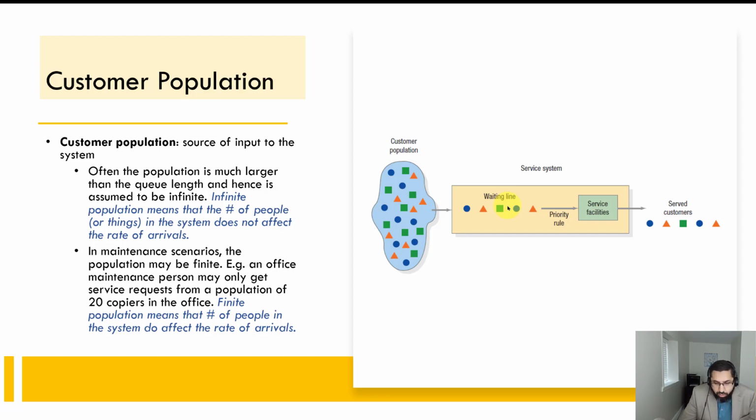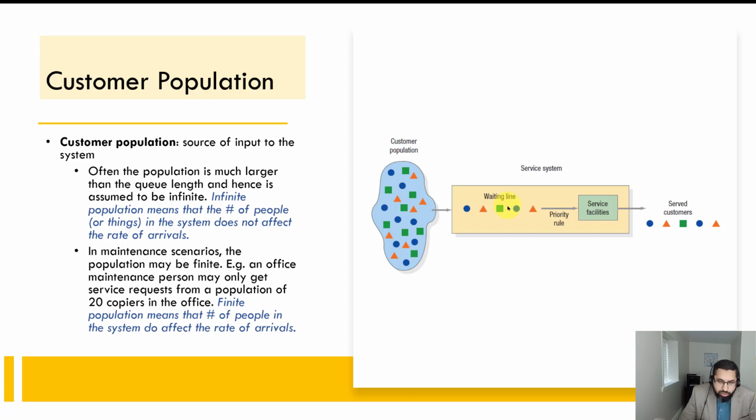Because you can get called to service or repair one of these 10 printers. Now, if you already have service calls for 5 of the printers out of 10, the probability that you'll get another service call is kind of low, because already half the printers are in queue to be served or maintained. Similarly, if you get 6, 7, 8 requests, then the probability of getting an additional request decreases, because there are very few printers left in the building to be potentially served.